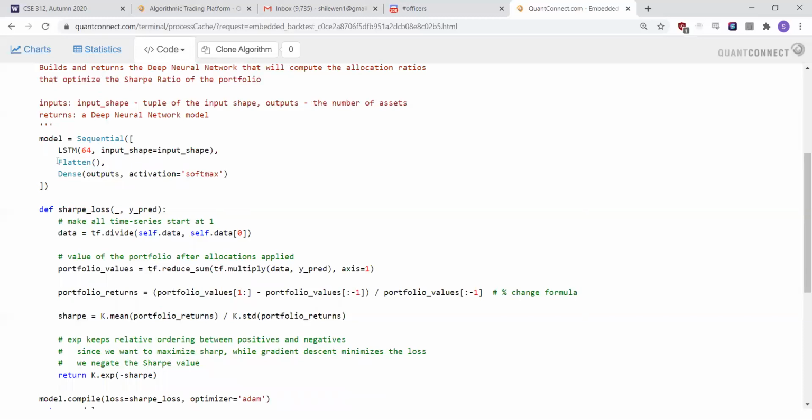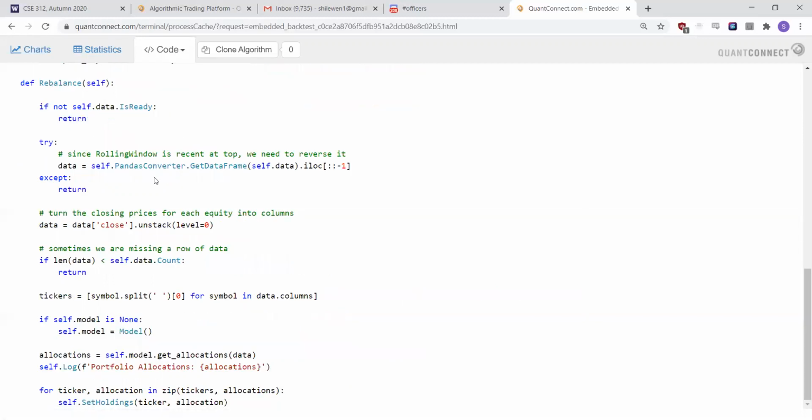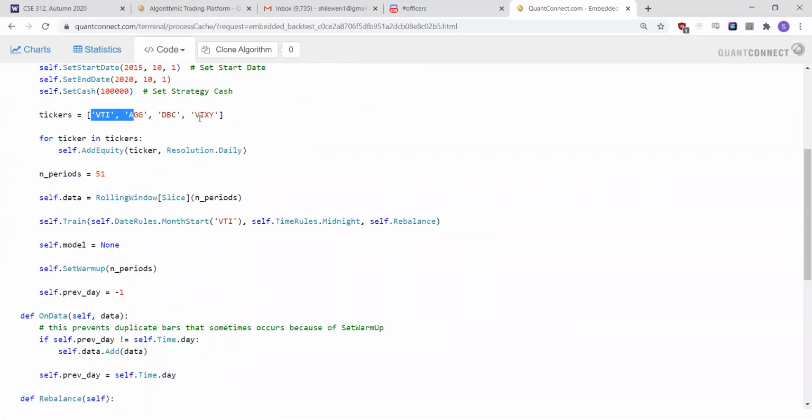However, a matrix of neurons is not very flat, right? You need the final flat layer of neurons to get the final flat layer of outputs, because our outputs are 4 neurons, one for each ETF here.